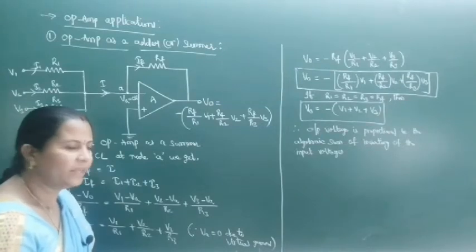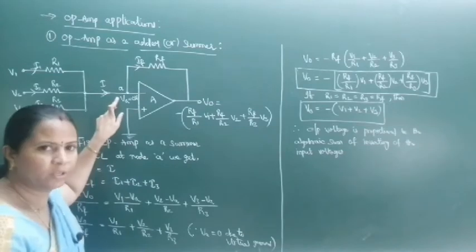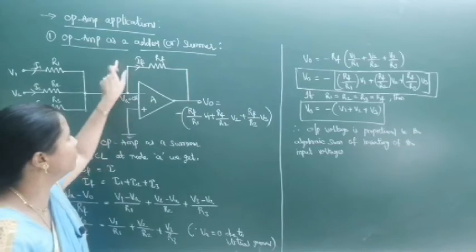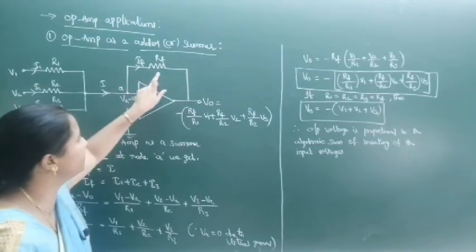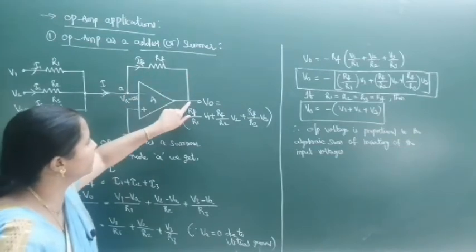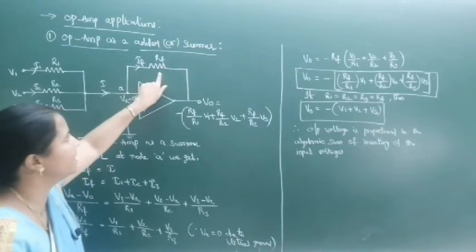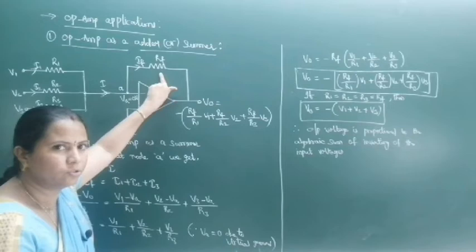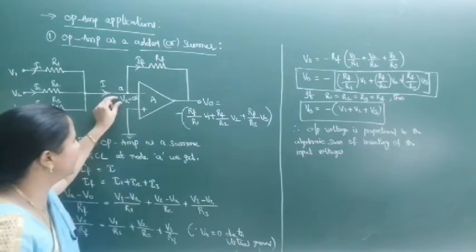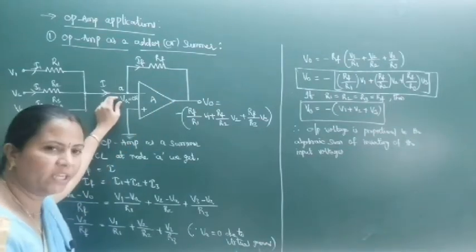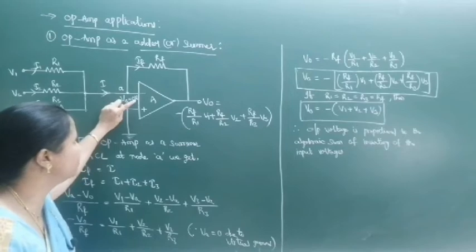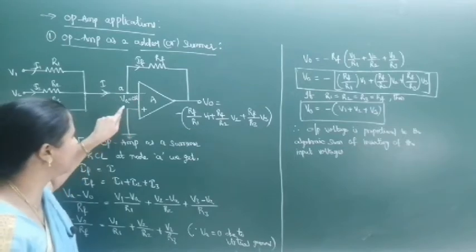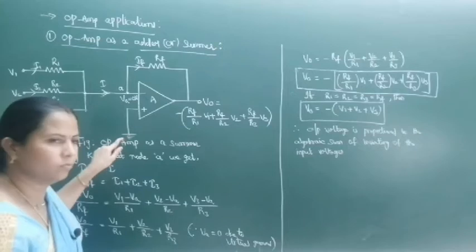Here the inverting input voltage is equal to the feedback signal voltage. This is the feedback signal we are connecting from output to the input by using the feedback resistor RF. So automatically the voltage at node A is equal to 0, and here we are connecting the non-inverting terminal to the ground.